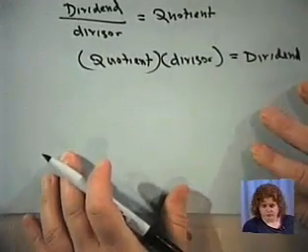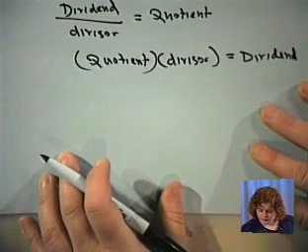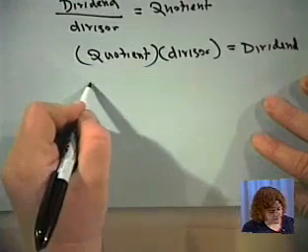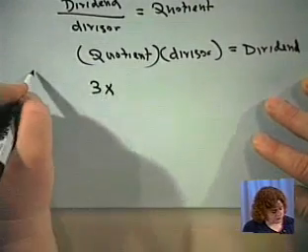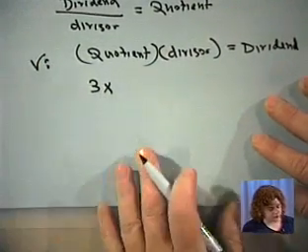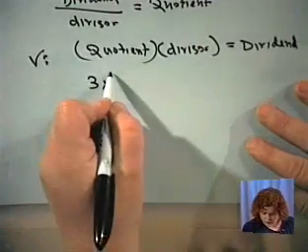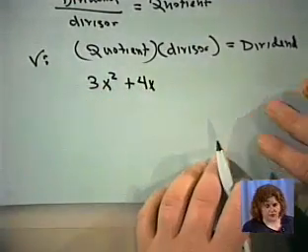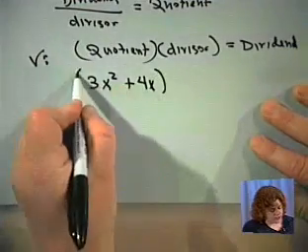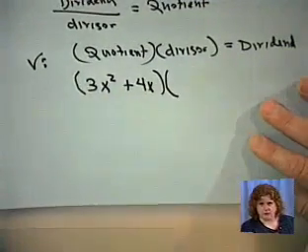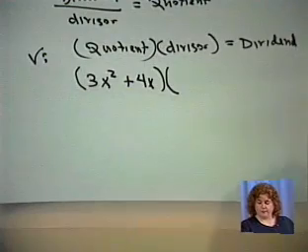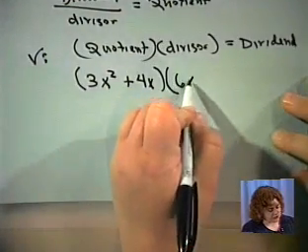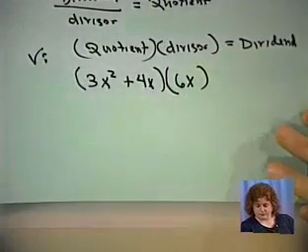So let's do that. We had our quotient, which was 3x squared plus 4x. So let me just write a check mark over here so we can see what we're doing. That was our answer, our quotient. And we're going to multiply that by our divisor, whatever was in the denominator, if we want to use technical language, 6x.